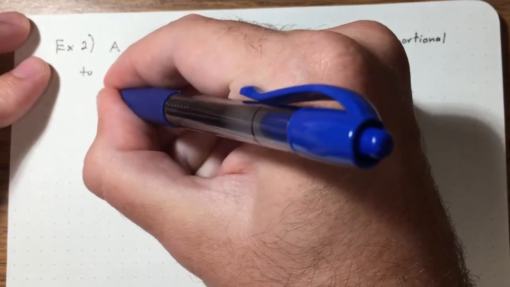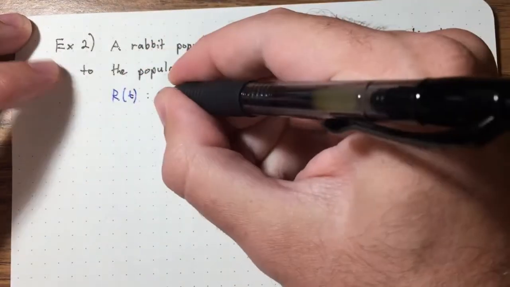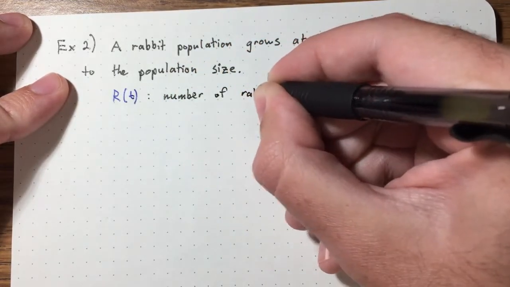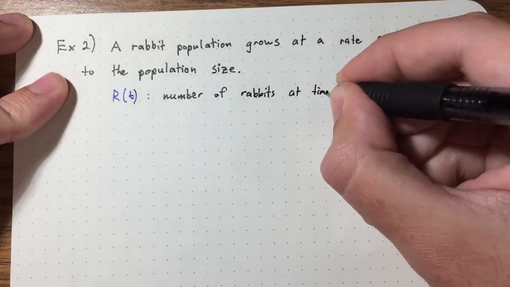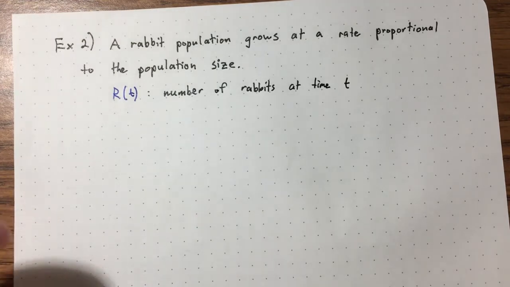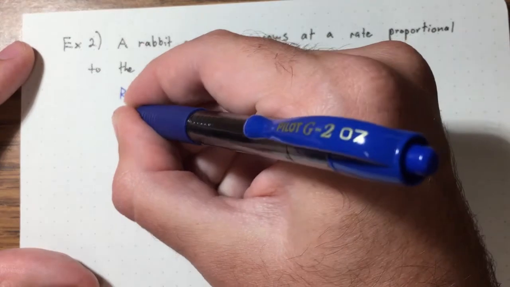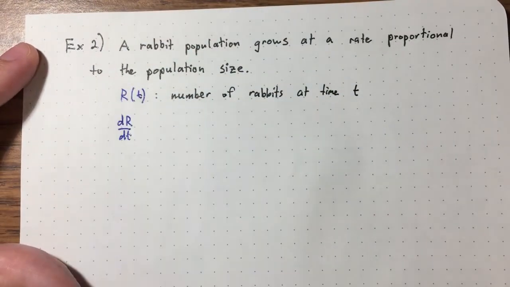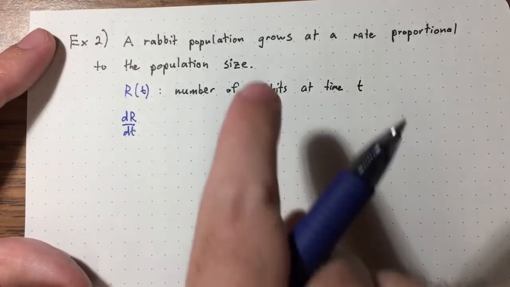And here we want to understand R of t, let's call it. So R of t is the number of rabbits at time t. And to write down a differential equation, we just ask ourselves, what is dR dt? How is R changing with time? How is the number of rabbits changing with time?